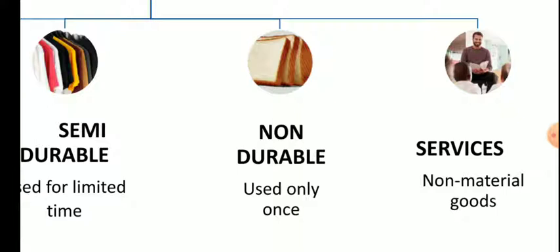Like this first piece of bread, once you ate it, you cannot eat it once more. You can wear this shirt once again, but you cannot eat the bread which you have already eaten. So you can use it only one time. So this is called non-durable.